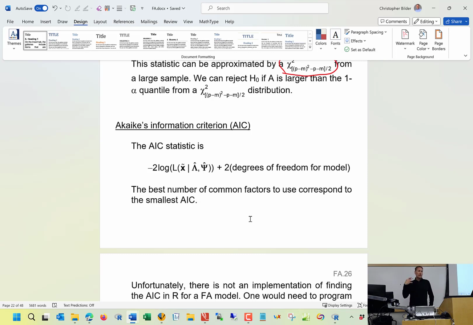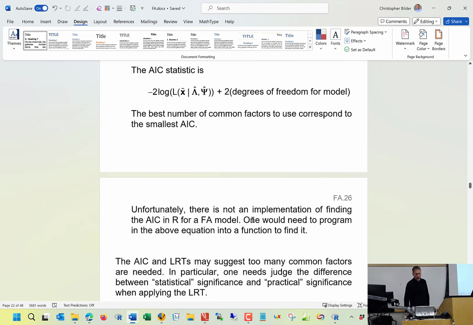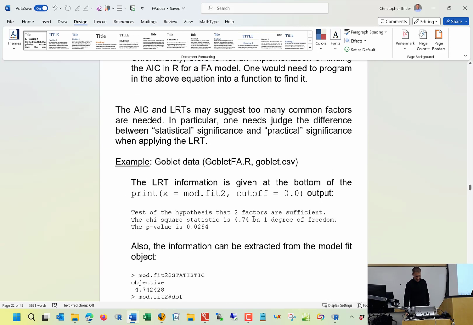So we could form this here and say the factor analysis model, relative to the number of common factors, that has the smallest AIC represents the best model, the best number of common factors to choose. However, there isn't a good way to implement this in R. I've never been able to find one. If you happen to find one, let me know, because I would like to use that. So for that reason, we will not look at it here.